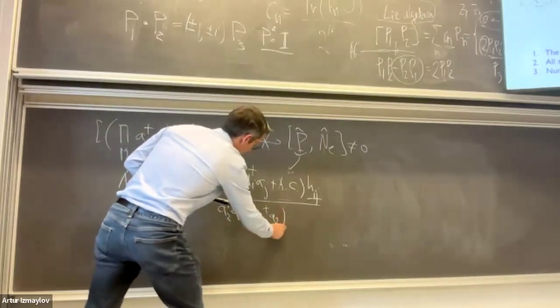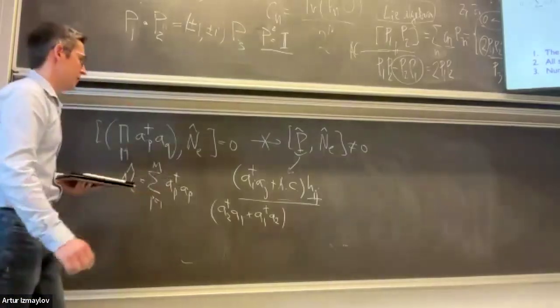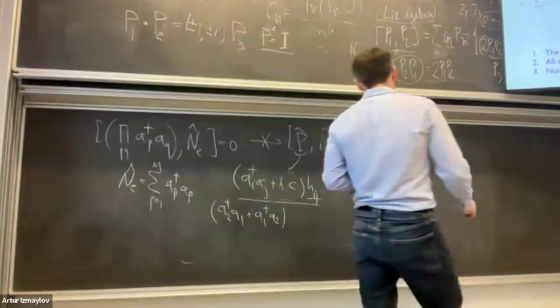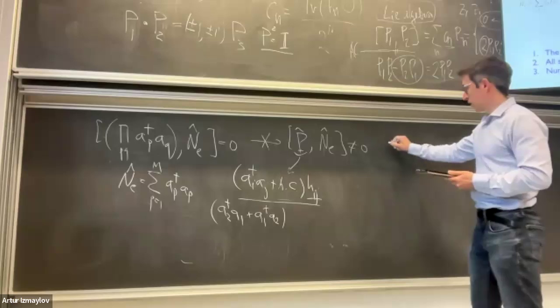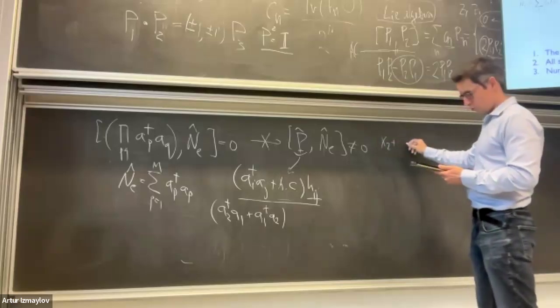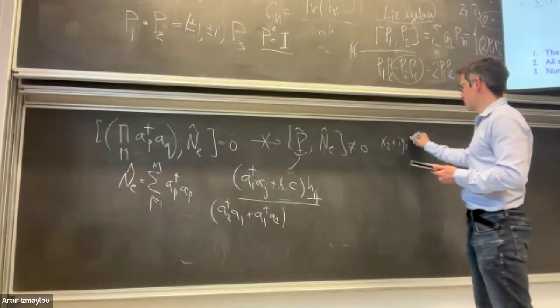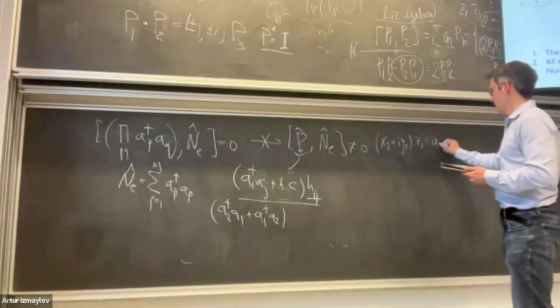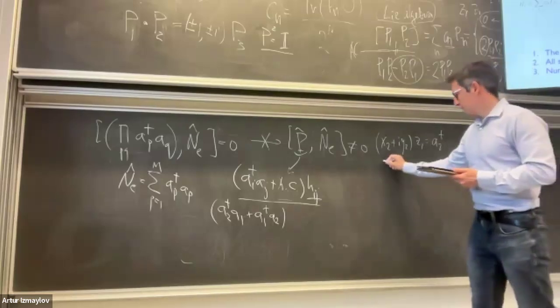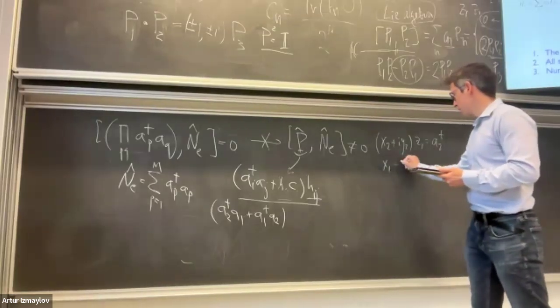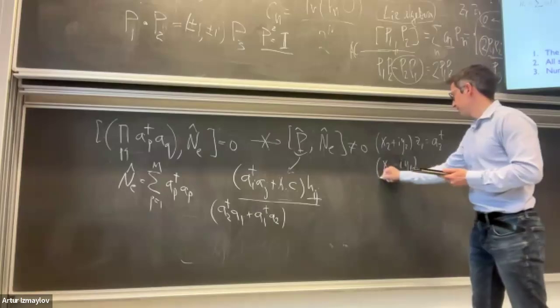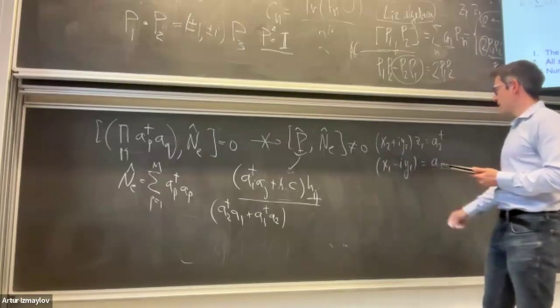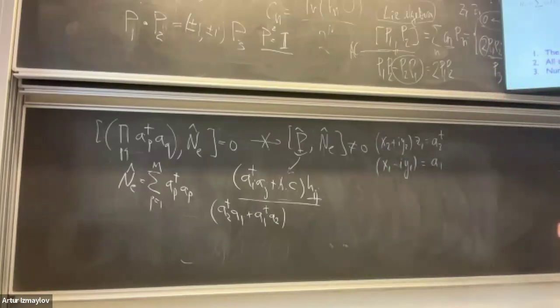So from this term, what do we get? In order to see that, let's just write down X2 plus i Y2, Z1. This is our a_2 dagger. And then X1 minus i Y1. This is our a_1.